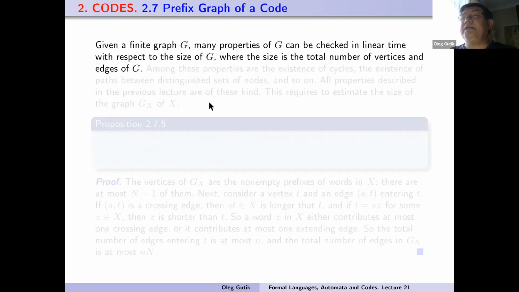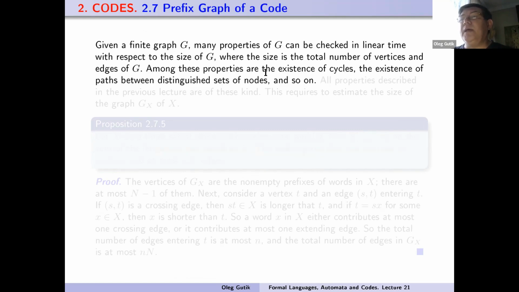Given a finite graph G, many properties of G can be checked in linear time with respect to the size of G. The size is the total number of vertices and edges of G. Among these properties are the existence of cycles, the existence of paths between a distinguished set of nodes, and so on.